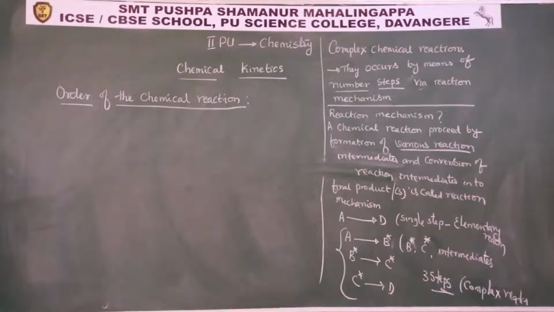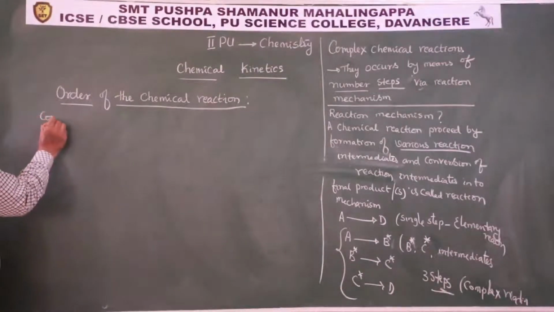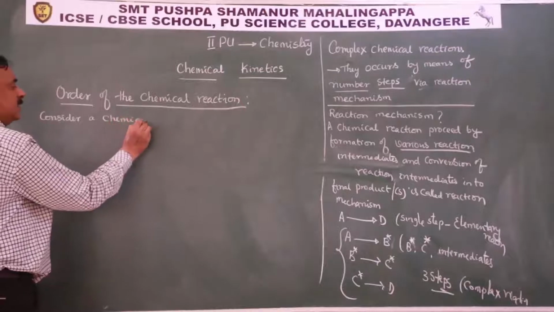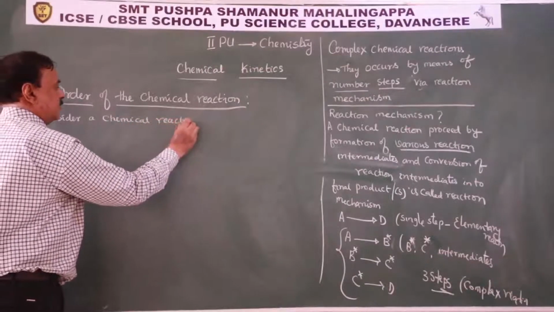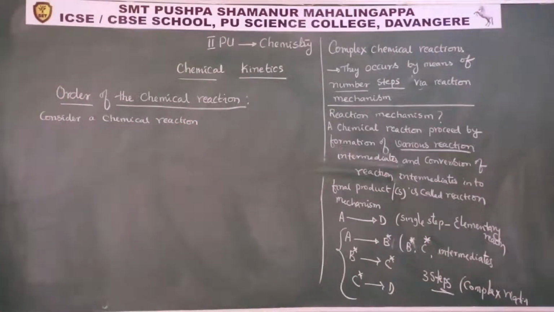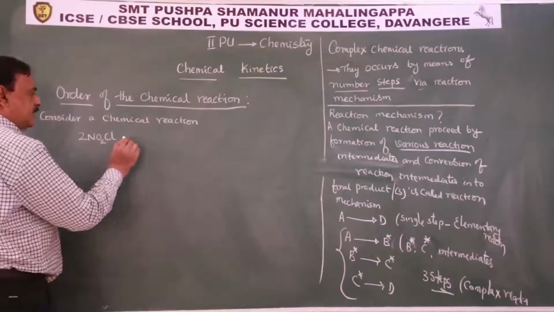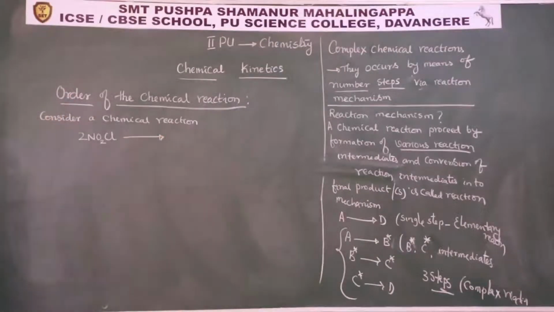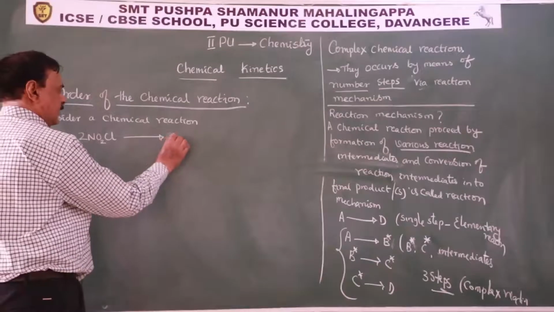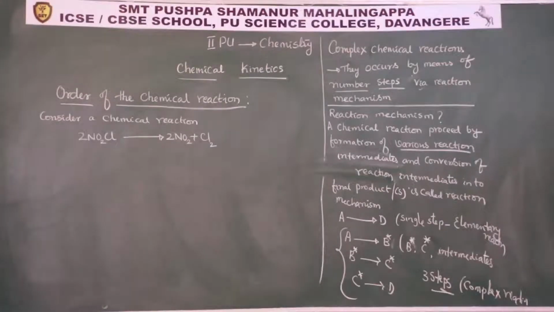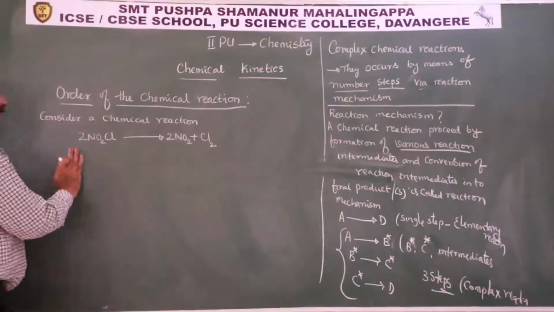For example, consider a chemical reaction: 2NO2Cl, nitrosyl chloride, that gives rise to nitrogen dioxide and chlorine, 2NO2 plus Cl2. Now you may think it is an elementary chemical reaction, but it is not an elementary chemical reaction.